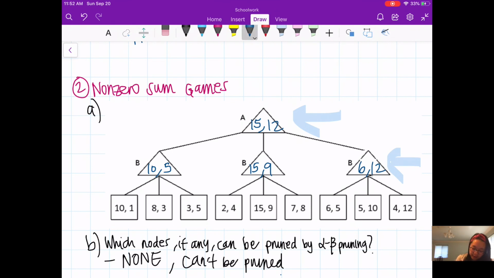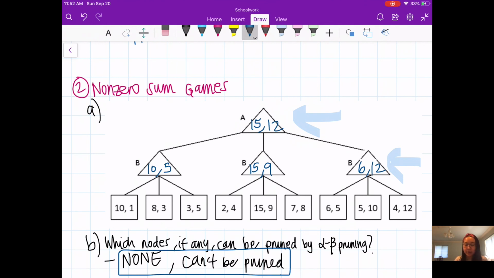That is because with non-zero sum games, there can be some leaf node in the tree that is both good for player A and for player B. So when you are looking through, you don't know whether there's another value that is good enough, so you have to look at everything to be sure.